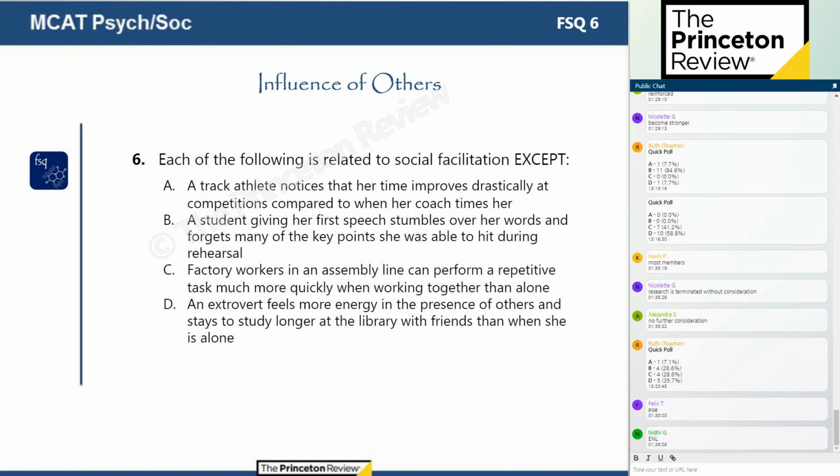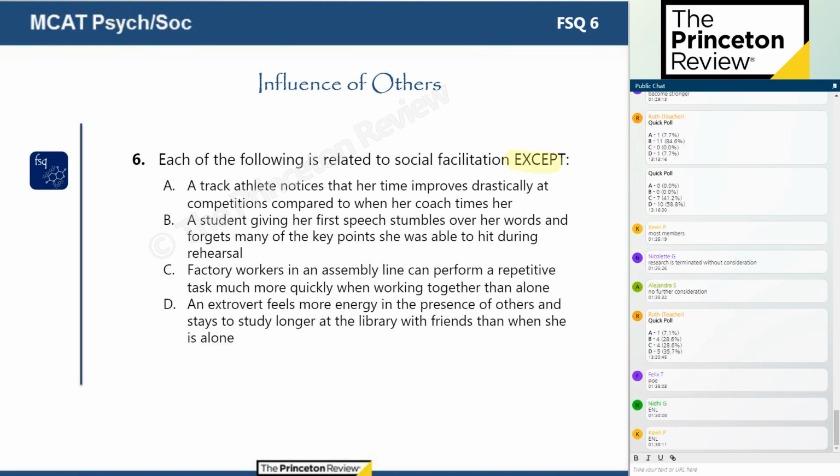Yep, it's an accept. We see we've got the word accept in big bold letters. So this is an EXCEPT/NOT/LEAST question. So that means 3 of these are examples or are related to social facilitation. There's only 1 that's not.